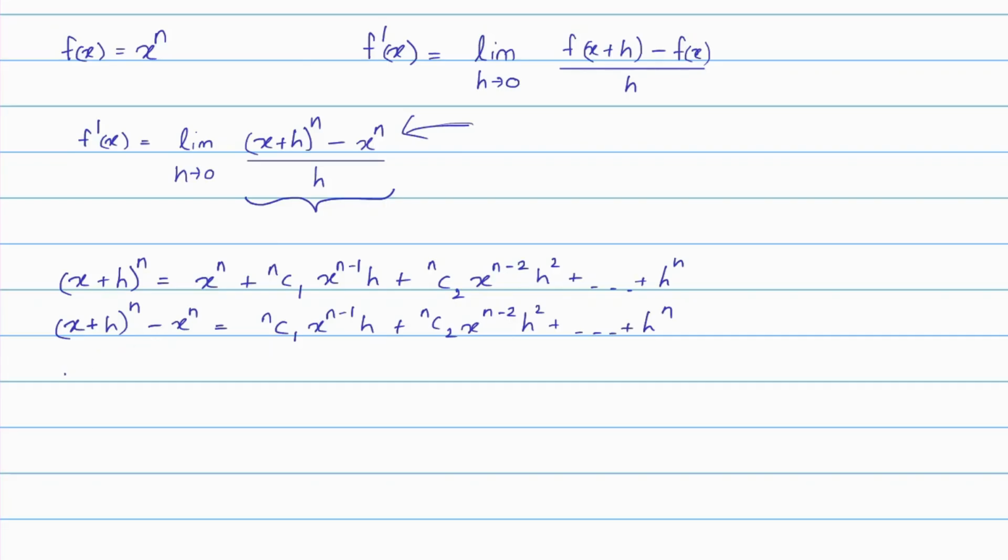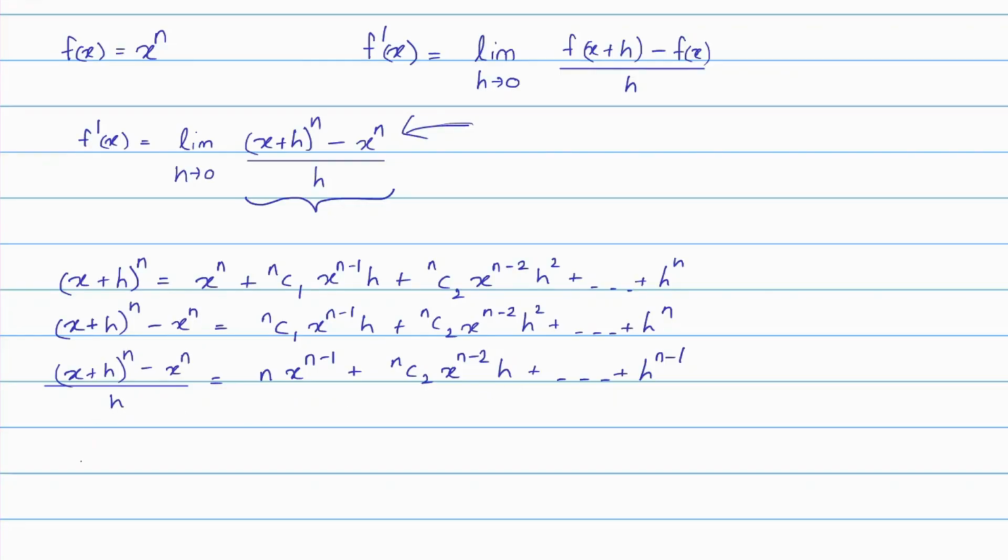So that is going to be equal to ((x plus h)^n minus x^n) divided by h is equal to, since nC1 is equal to n, n x^(n minus 1) plus nC2 x^(n minus 2) h plus, that goes on until h to the power n minus 1, since that also gets divided by h.